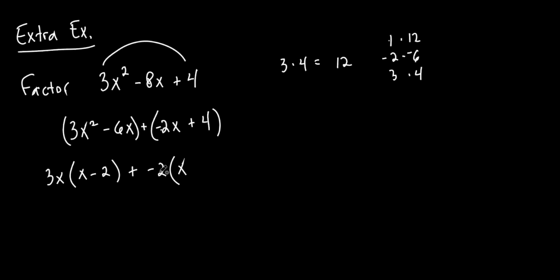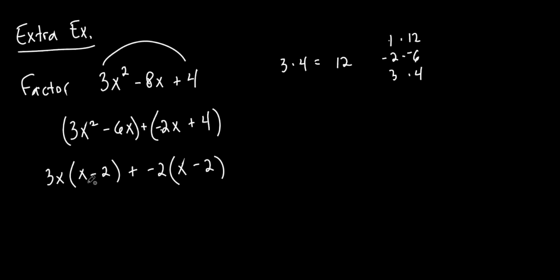Now, I factor out a negative 2 from a 4. 4 divided by negative 2 is negative 2. Remember, these have to be exactly the same. If I didn't do that switching of that negative sign, I wouldn't have gotten this to be the same. If I got x plus 2, I'm thinking, uh-oh, those got to be the same. I got to do something. So you go back, you look at your signs, you make your changes, and now you got this.